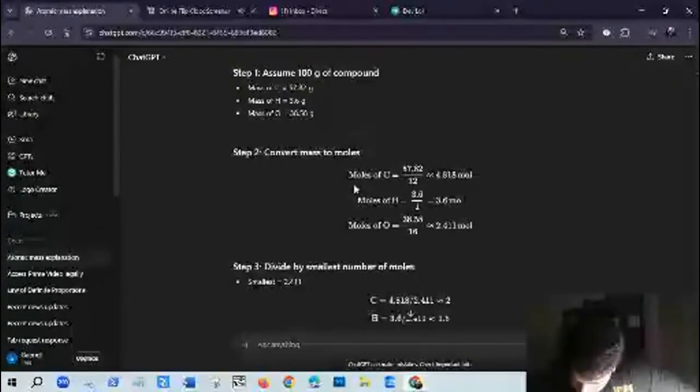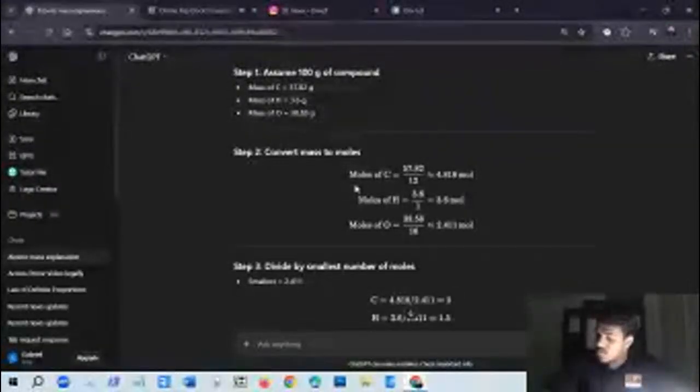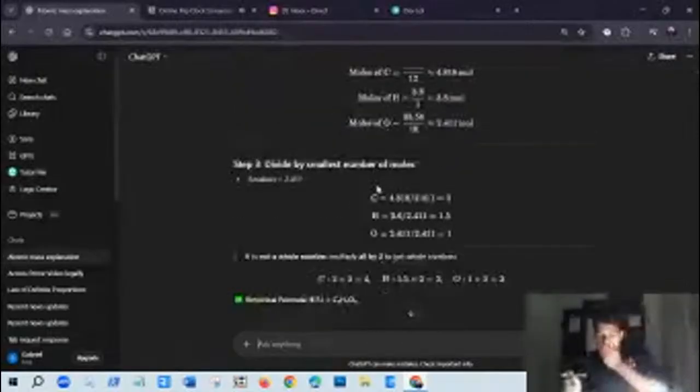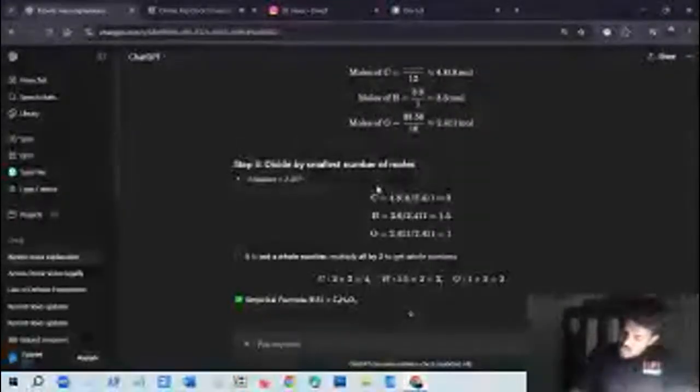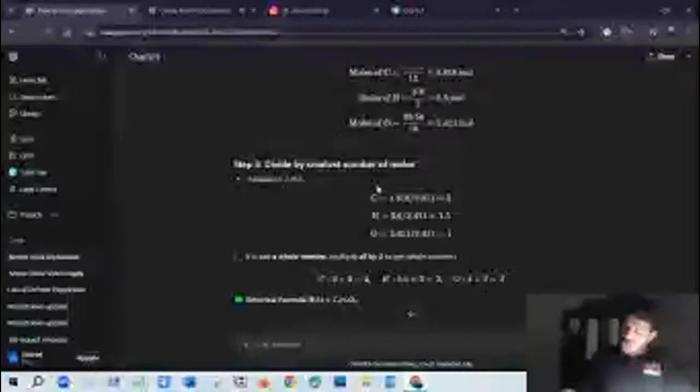Oxygen atomic mass is 16. So 3.58 divided by 16 is equal to 2.411. Now we got these two values. Now you take the simple whole number ratio.